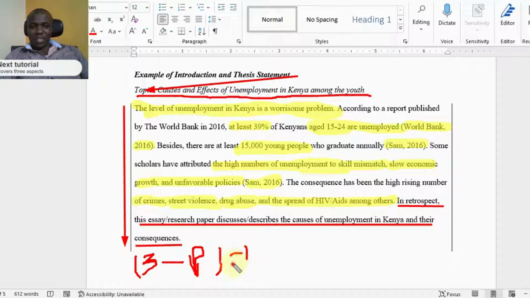Item 1, item 2, and item 3, to make it 3 factors.